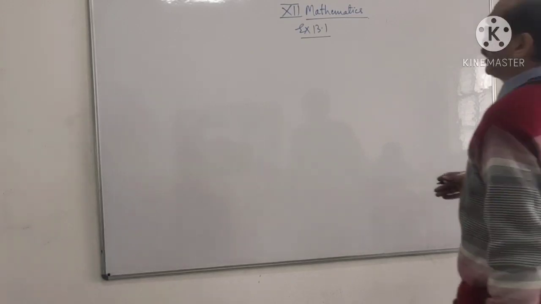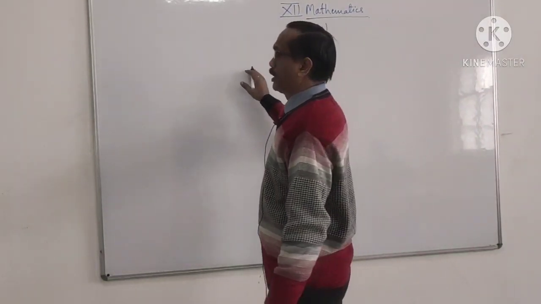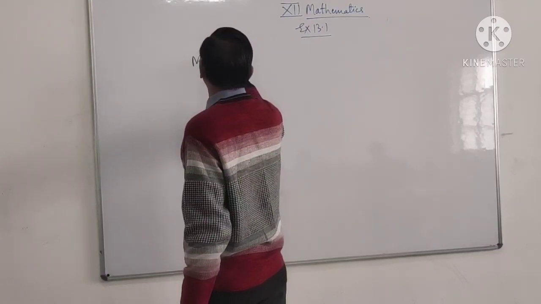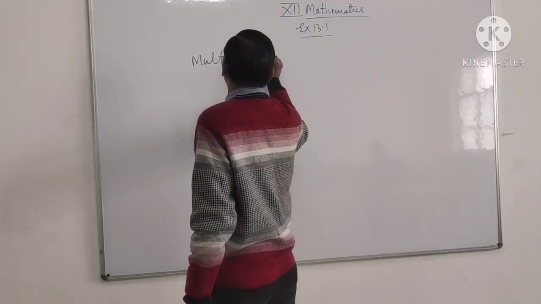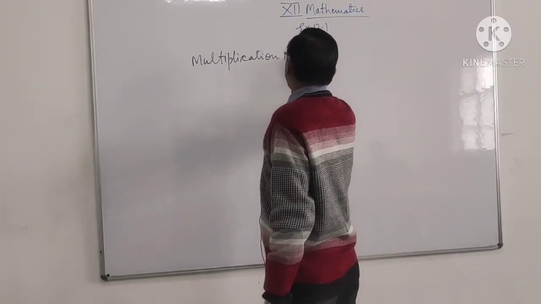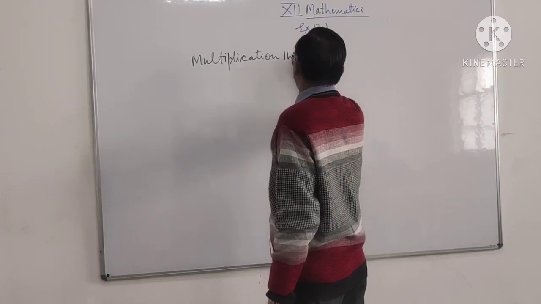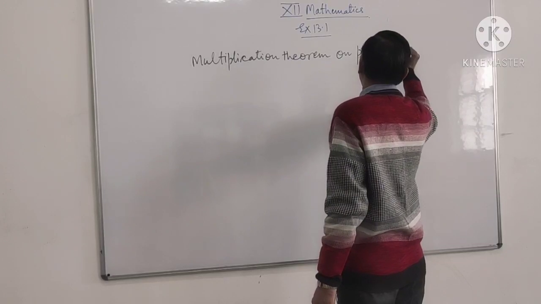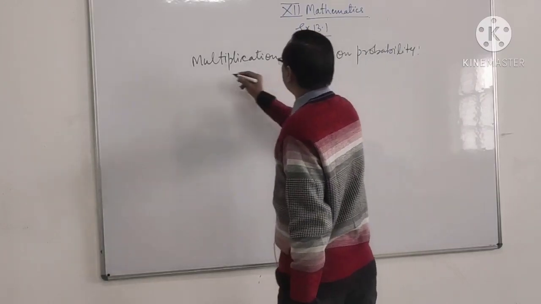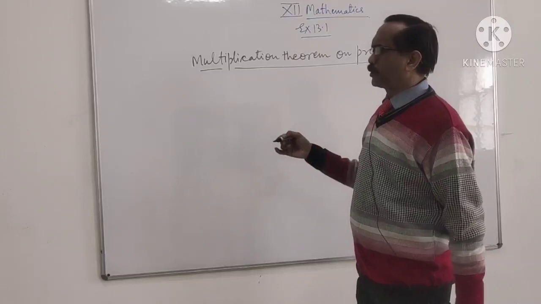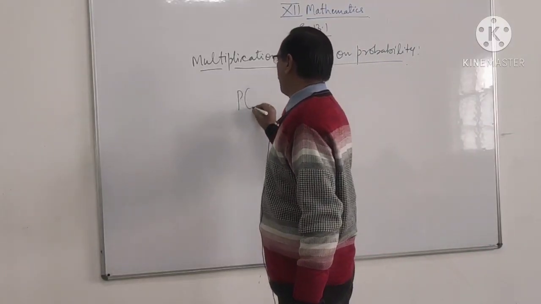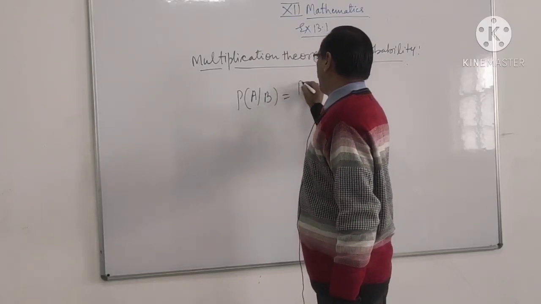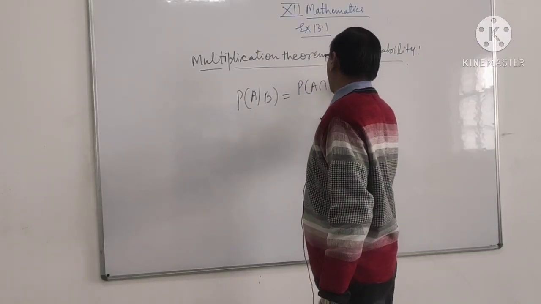Students, now next is the multiplication theorem on probability. From conditional probability we know that P(A|B) equals P(A intersection B) upon P(B).